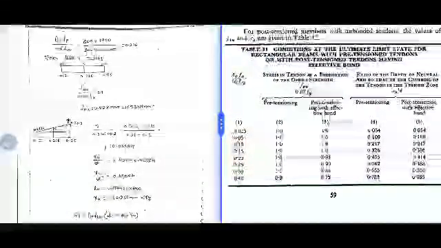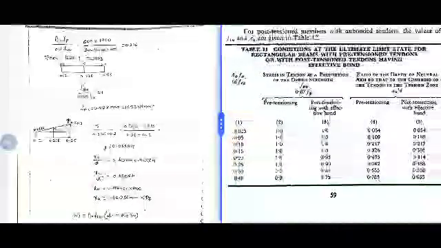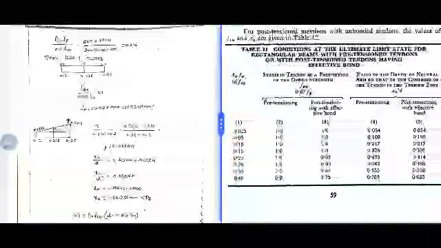Next, the XU by D ratio. For 0.2 we have 0.435. Remember, it is pre-tensioning, and for 0.25 it is 0.542.